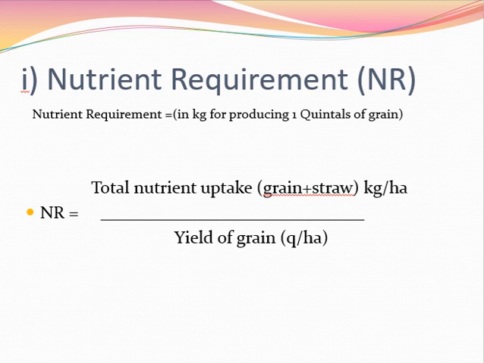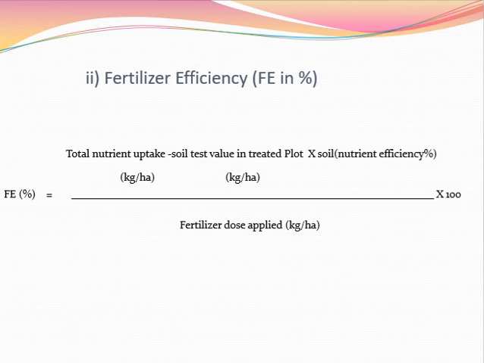Then fertilizer efficiency, second criteria, that is FE is equal to total nutrient uptake in kilogram per hectare minus soil test values in treated plot in kilogram per hectare into soil nutrient efficiency, divided by fertilizer dose applied in kilogram per hectare, whole multiplied by 100.